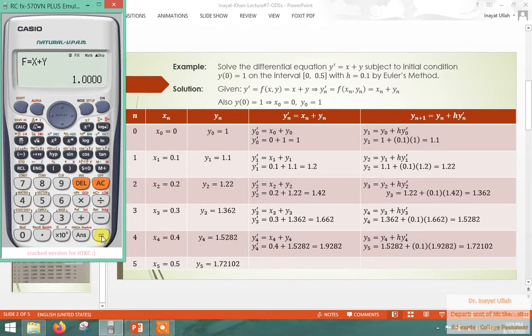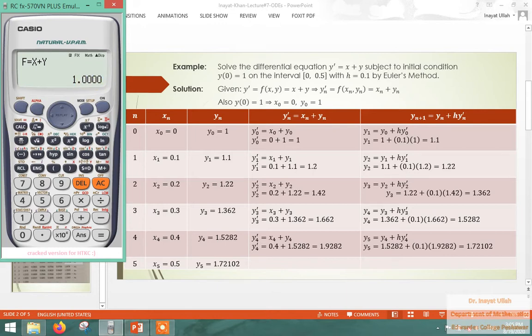Whenever you press equal sign, the calculator will give you the first answer, f is equal to x plus y is 1.0000, that is f is equal to 1 actually. So the first value of f is 1. You see here that this answer is up to 4 decimal places.